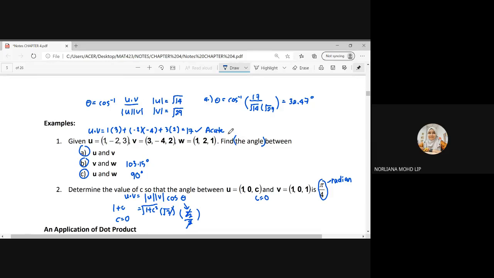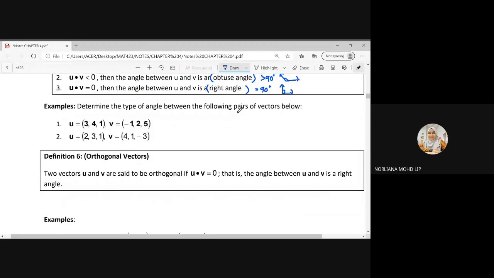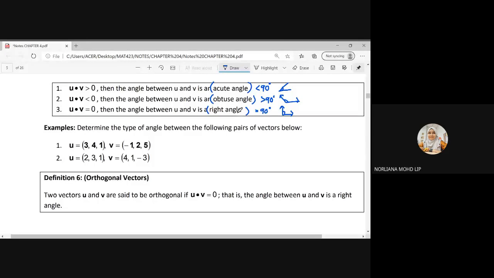Awak boleh gunakan ni untuk check lah jawapan awak kan? First checking. Okay, so ni boleh gunakan ni lah. U dot V. This one ni acute, dua-dua acute.